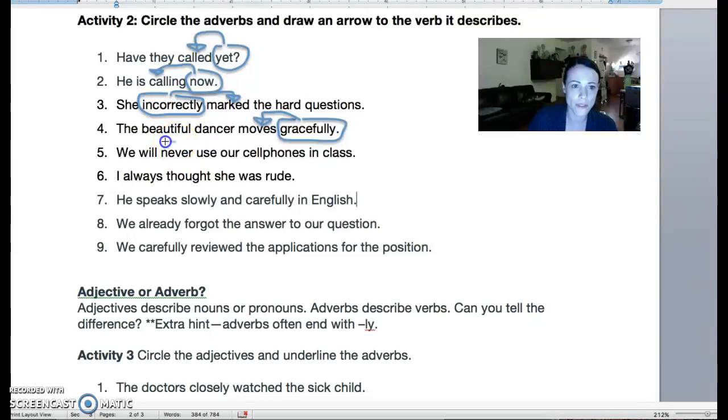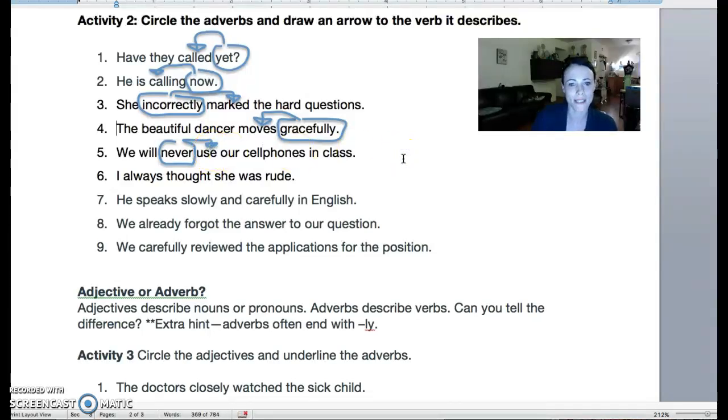Our verb is actually will use. So we're going to have to point to use. But the verb in this sentence has 2 parts. Will use. We will never use. You can put those adverbs of frequency in the middle. We will always use. We will never use. We will sometimes use, right?